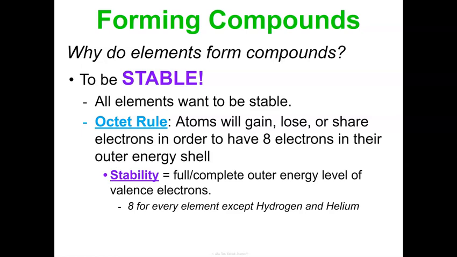The rule that they are trying to meet is called the octet rule. 8. They want to meet the rule of 8. So they will gain, lose, or share electrons in order to have 8 electrons in their outer shell.